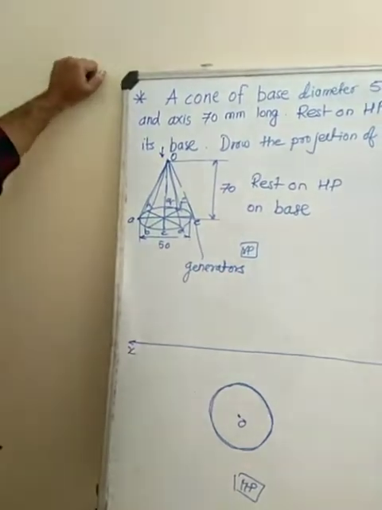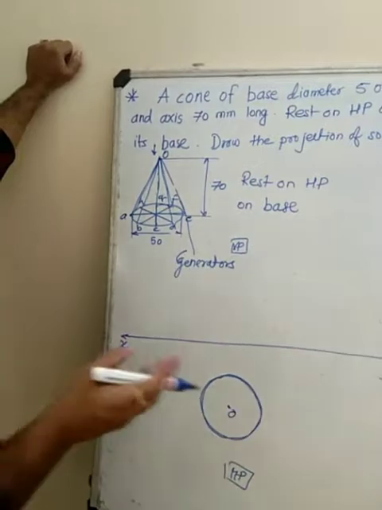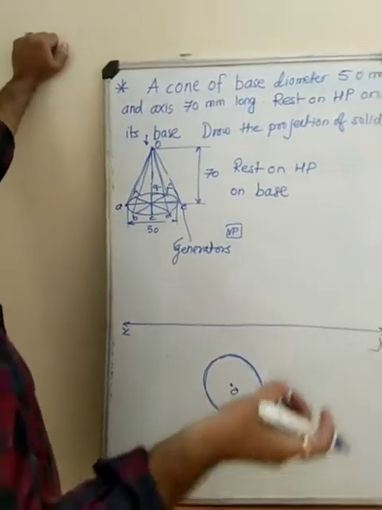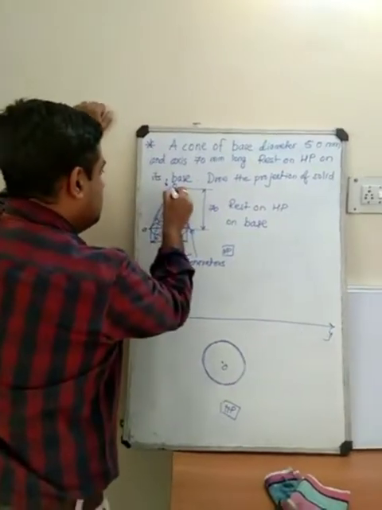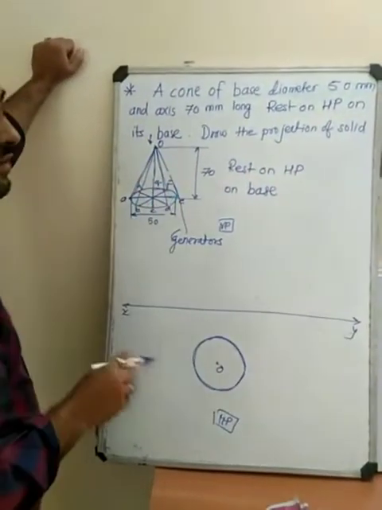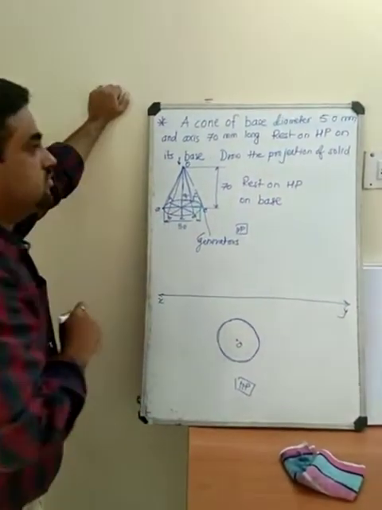So in the case of solids of revolution, like the cone and cylinder, we have to draw the generators. Don't say edges for OA, OB, OC; we have to say generators.